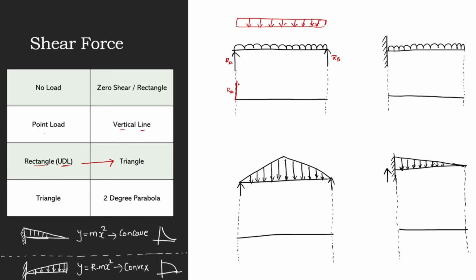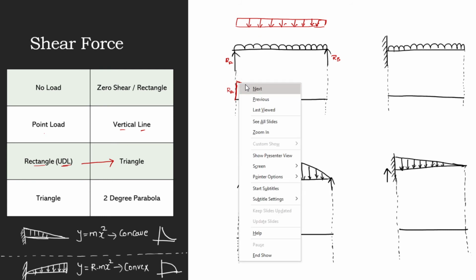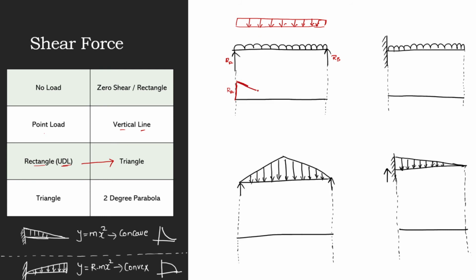The load is falling, so the triangle will also be a falling triangle, till this part, until reaction B, again a point load here. So the point load will make it into a vertical line going back, and this is RB.